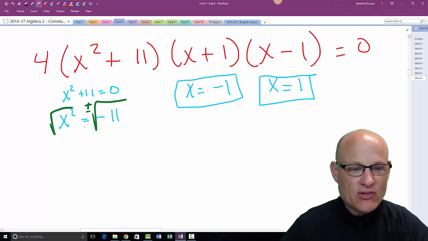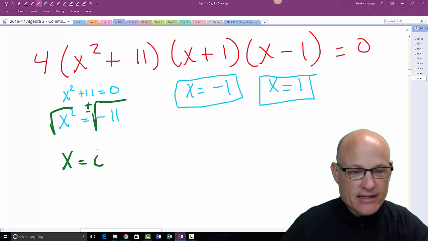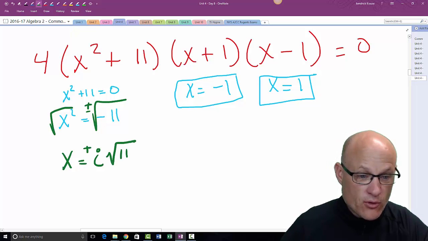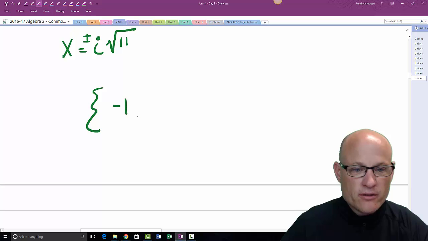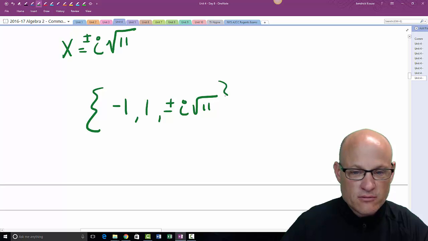It's i. So this becomes x equals i square root of 11. Oh, plus or minus. So let's write up our answers. Negative 1, 1, plus or minus i square root of 11.